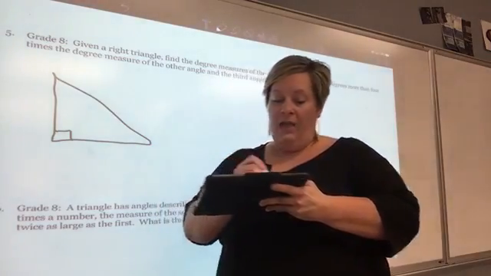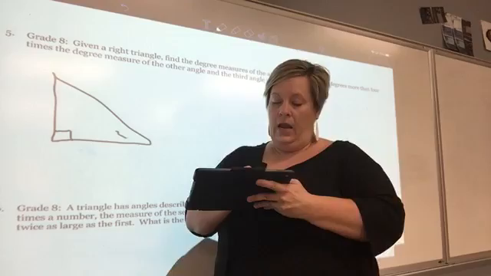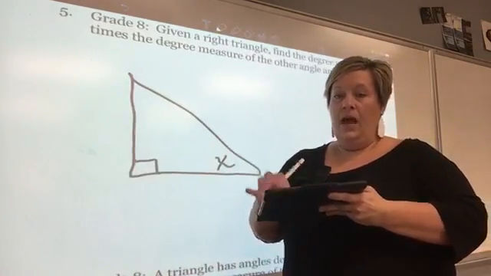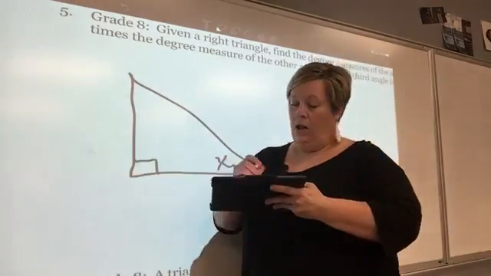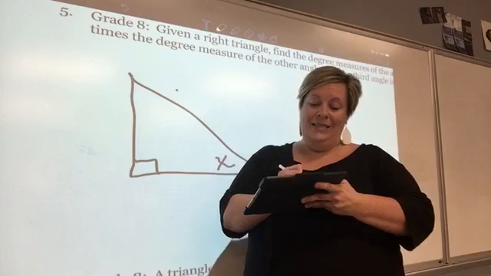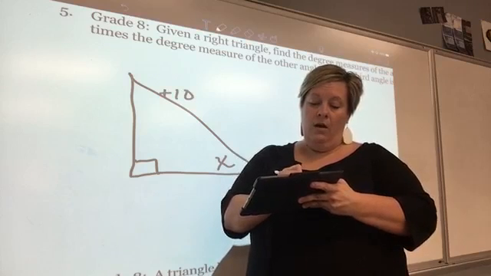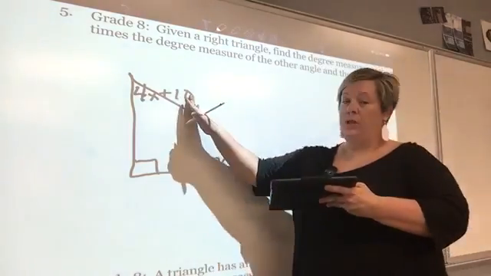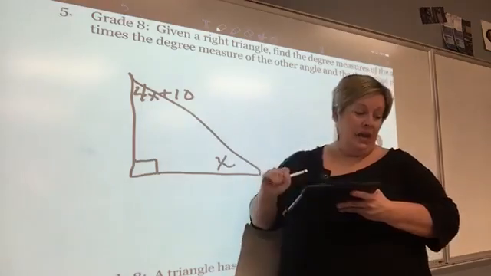So that means if I let one of my unknown angles equal x, then I know that my other angle is going to be 10 more than 4 times that angle. So I get 4x plus 10 to represent that angle.